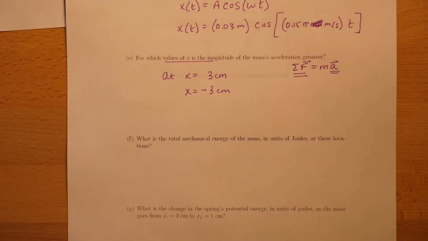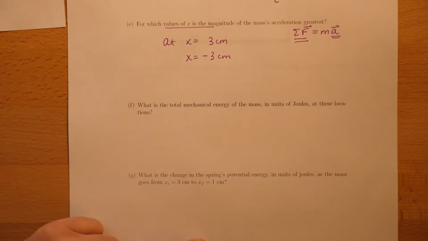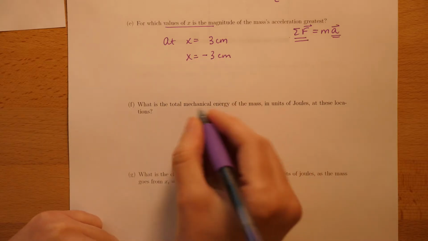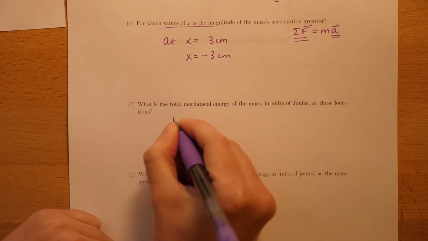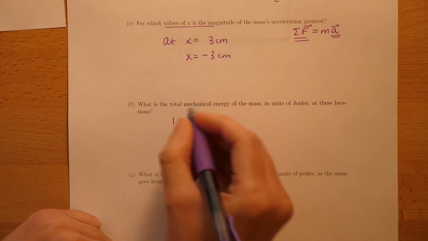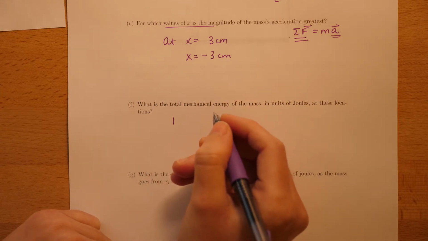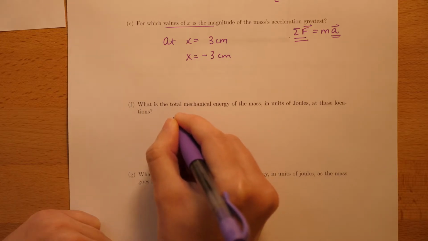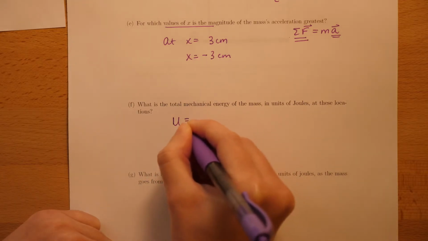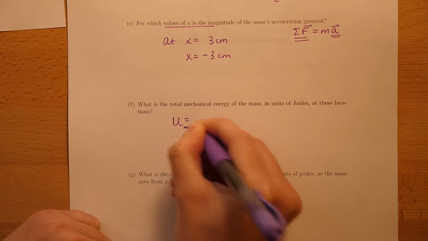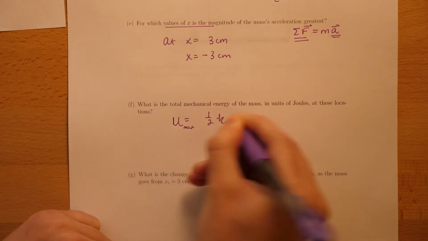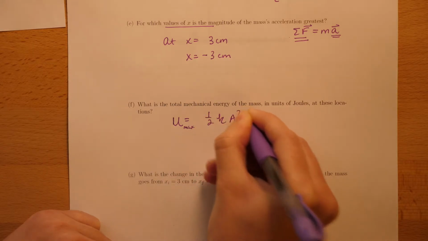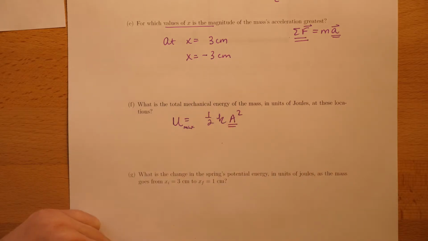Okay, what is the total mechanical energy of the mass in units of joules at these locations? At the maximum displacement, all the energy is potential energy. So the maximum potential energy is 1/2 k A squared, because A is the maximum that x can ever be.